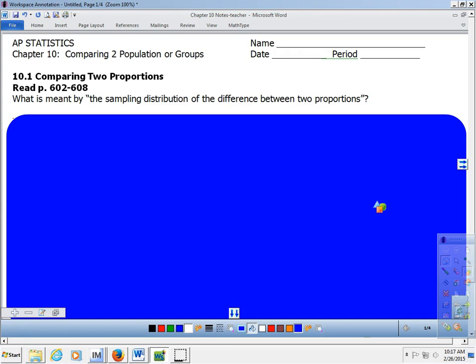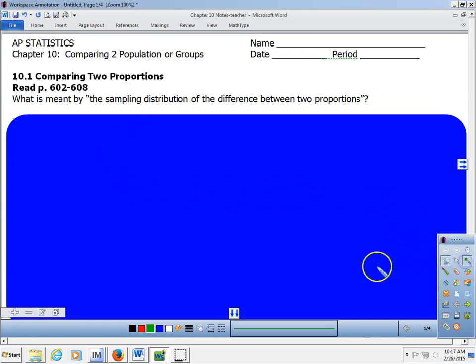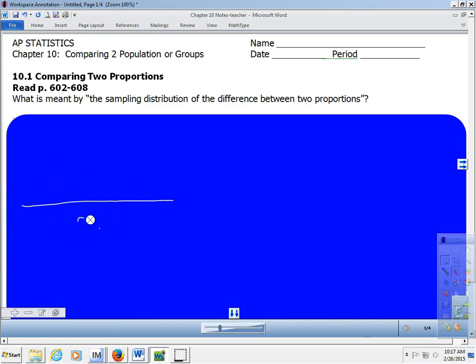We touched on this a bit in class, but what we've been doing prior to this is looking at one group, one population, sampling that population, and taking a look at the proportion of whatever.